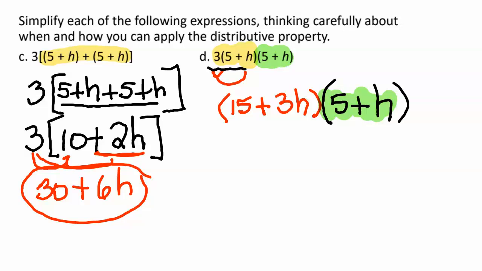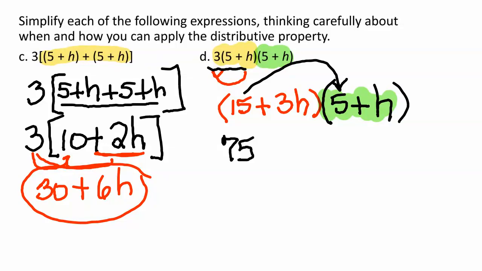The first 2 terms, remember, order of operations, I multiply from left to right. Well, that 3 is multiplying by 5 plus H in the first parentheses, which is why I got, in red, 15 plus 3H. But now, remember, we FOIL. This 15 multiplies by 5, which gives me 75.